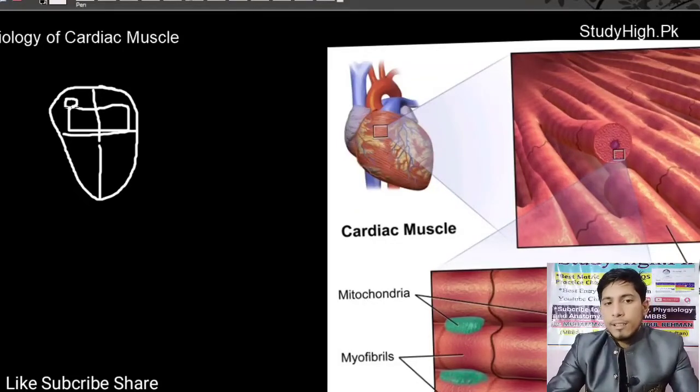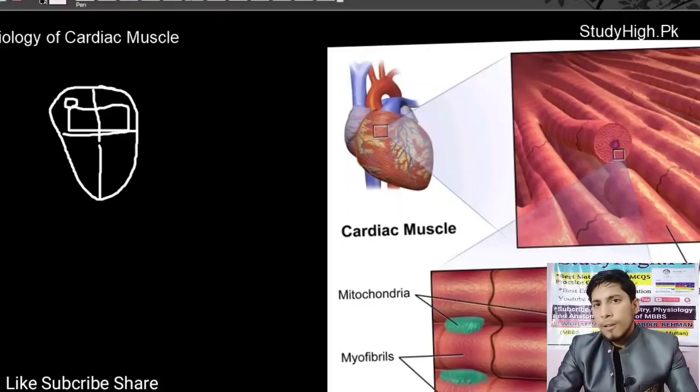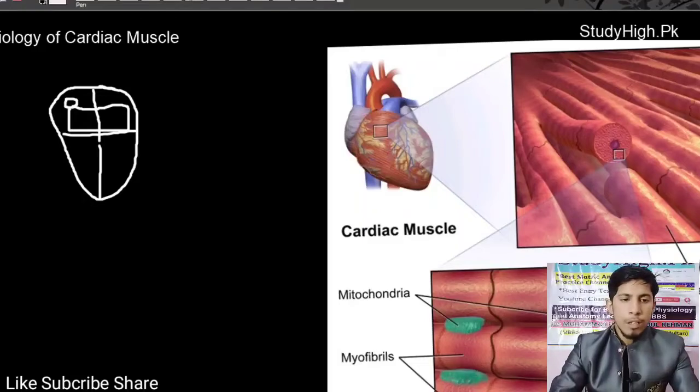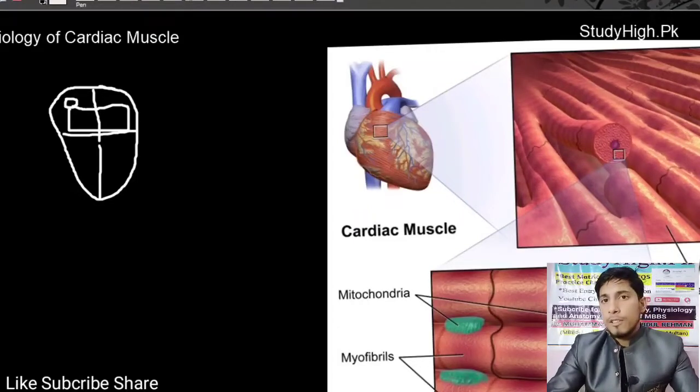Because of intercalated discs, action potential can be transported from one cell to another with maximum velocity. As a result, all the atrial muscles contract with coordination and are involved in pumping of blood with full efficiency.